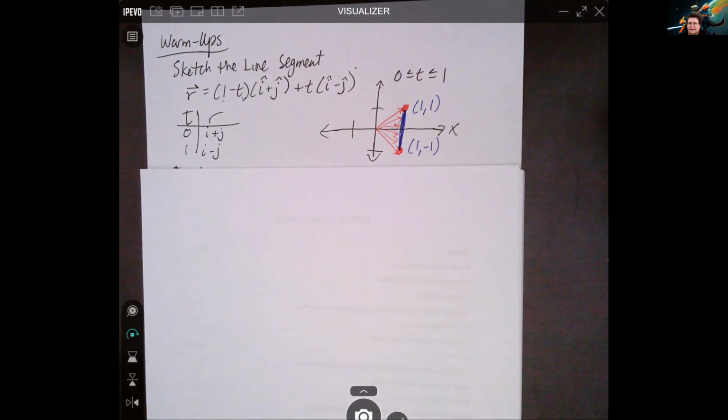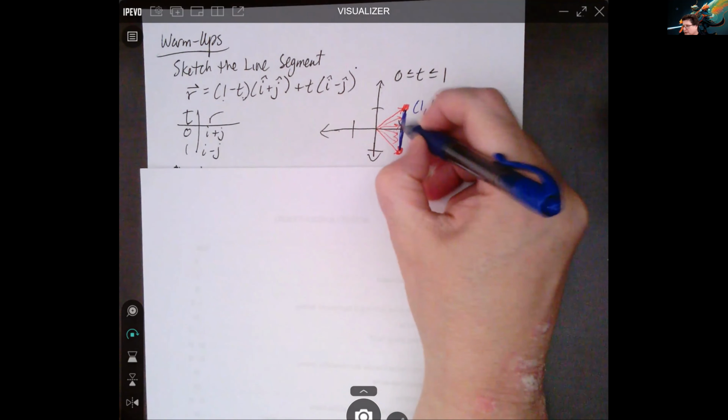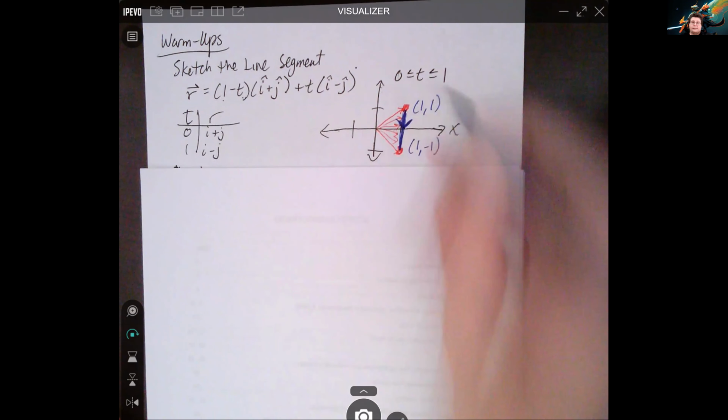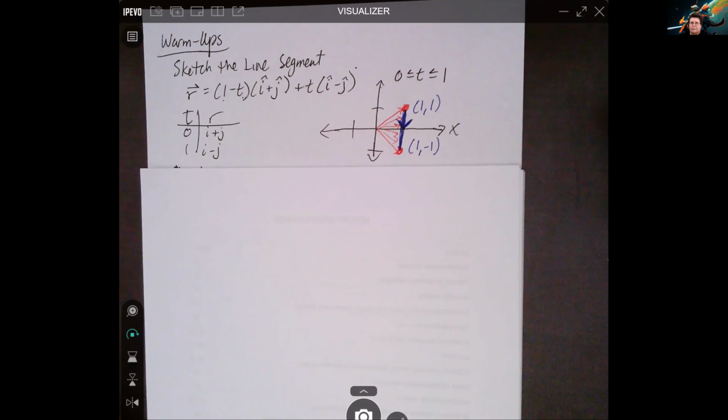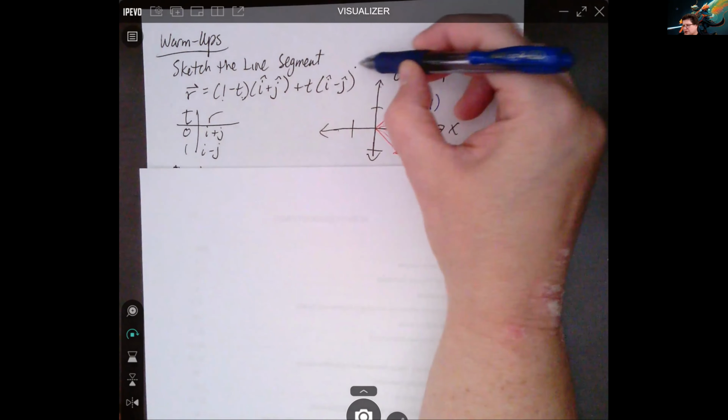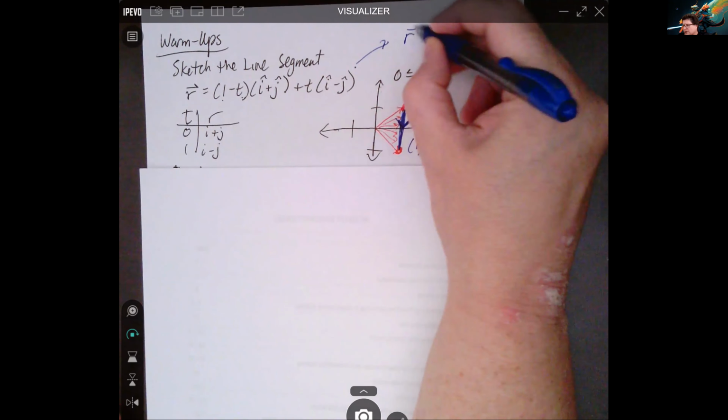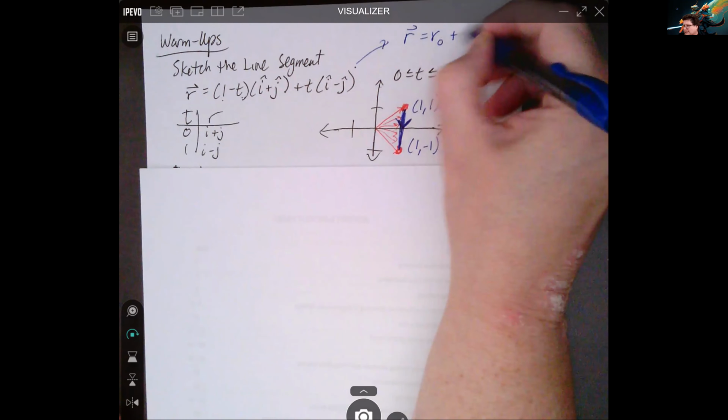So there's a little more to the line segment than just that. We might want to include the orientation. We're starting on the top point, we're going to the bottom point. So this is a variation of r equals r naught plus tv.